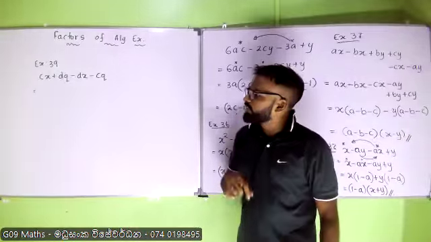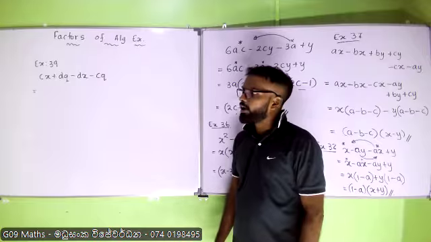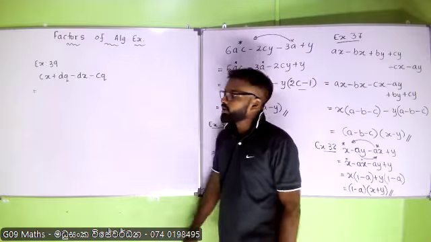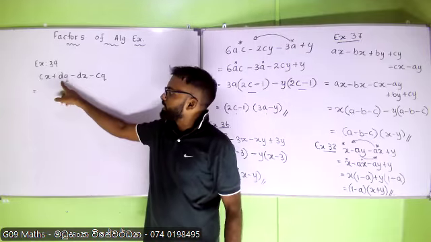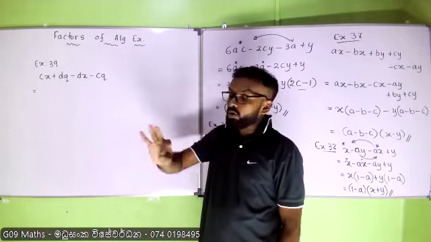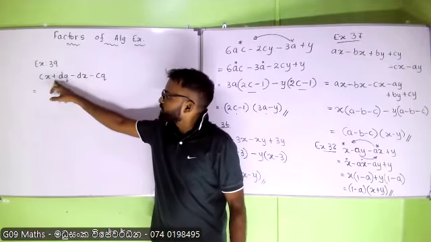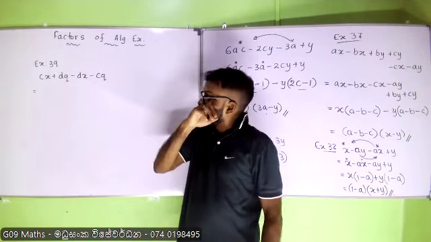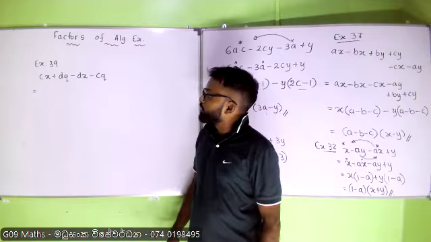You are going to check whether you have a common term. First term and the second term, do we have common terms? No. Okay, cx plus dq, no common terms. But you see something like this.